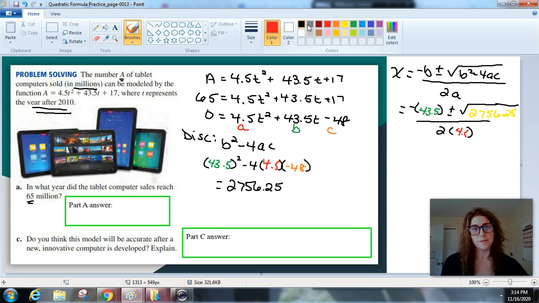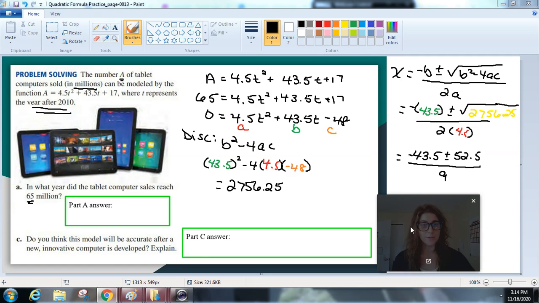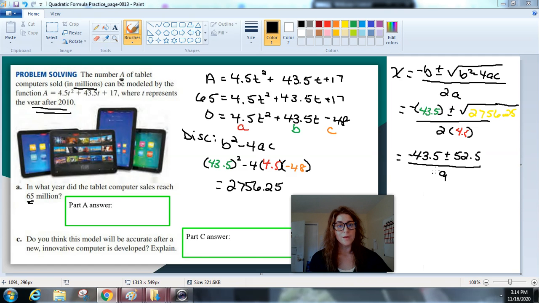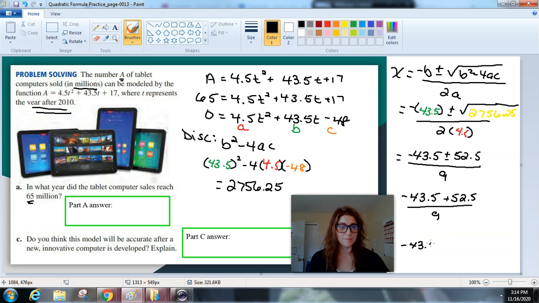And then simplifying this out, negative 43.5 plus or minus the square root of that does come out to 52.5 all over 9. From here, I would simplify one at a time: one where I add the 52.5 divided by 9, and then one where I subtract it.